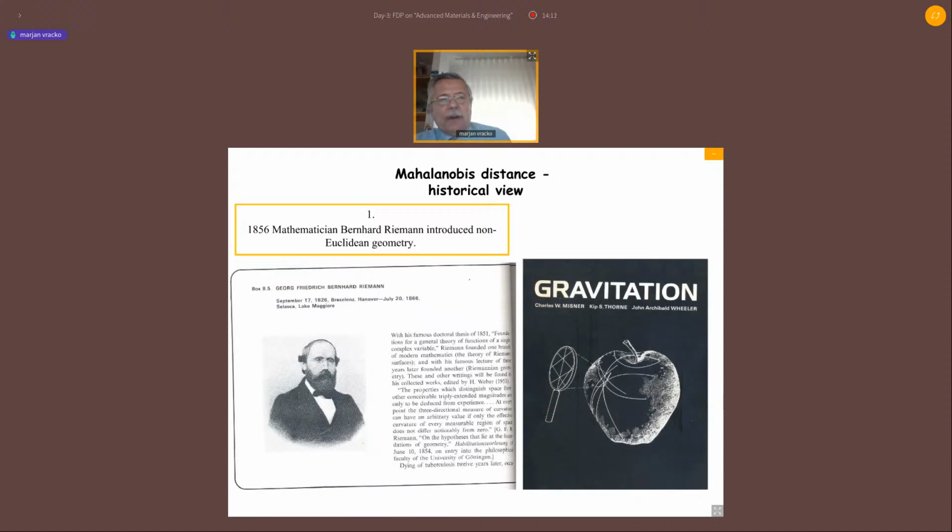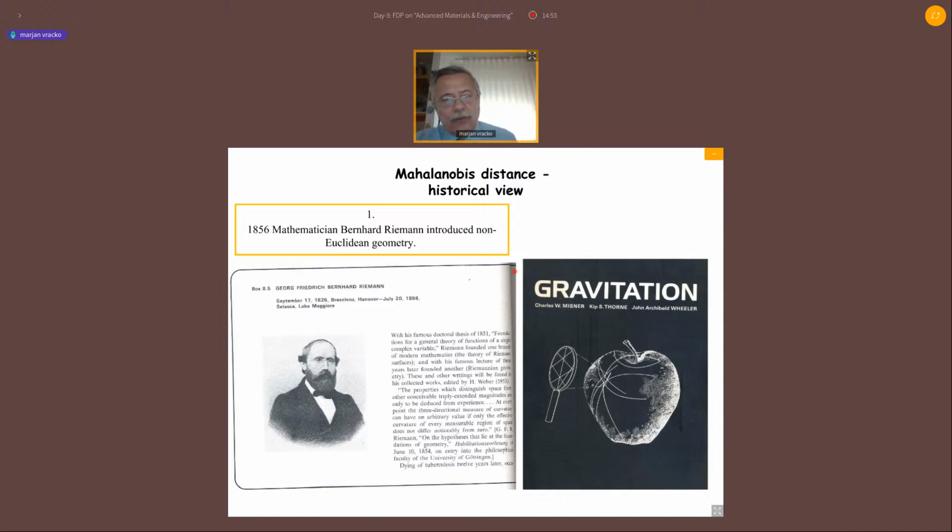But it is maybe interesting to present a historical view on Mahalanobis distance. How did it come about? In 1856, mathematician Riemann introduced non-Euclidean geometry, and this non-Euclidean geometry had a big impact on engineering, on machine engineering, and in science, of course.